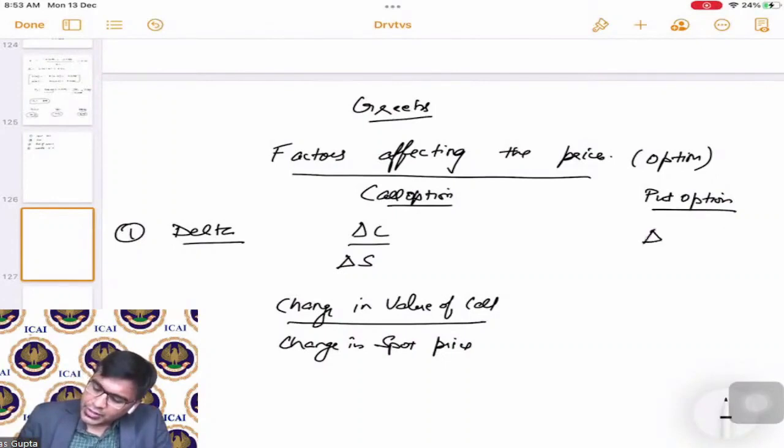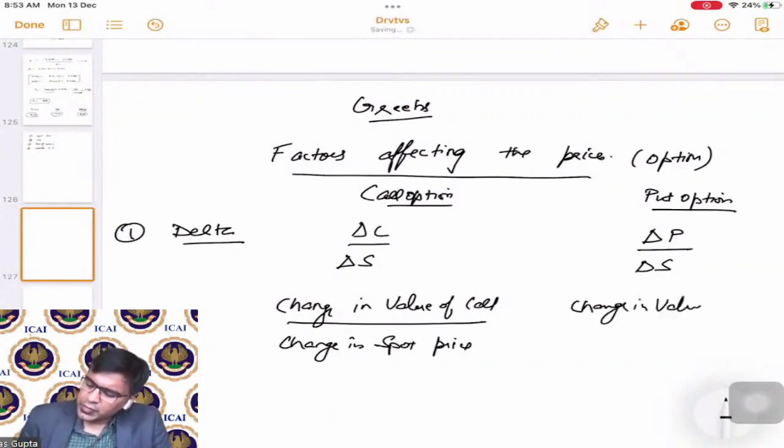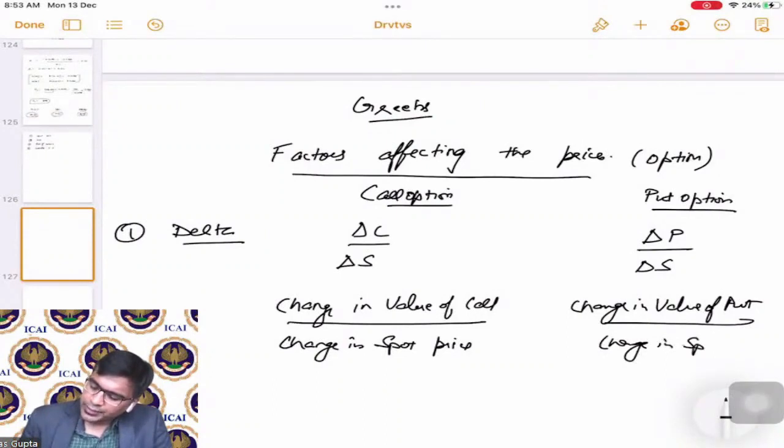Similarly, change in put divided by change in spot, so the change in value of put divided by change in spot price.